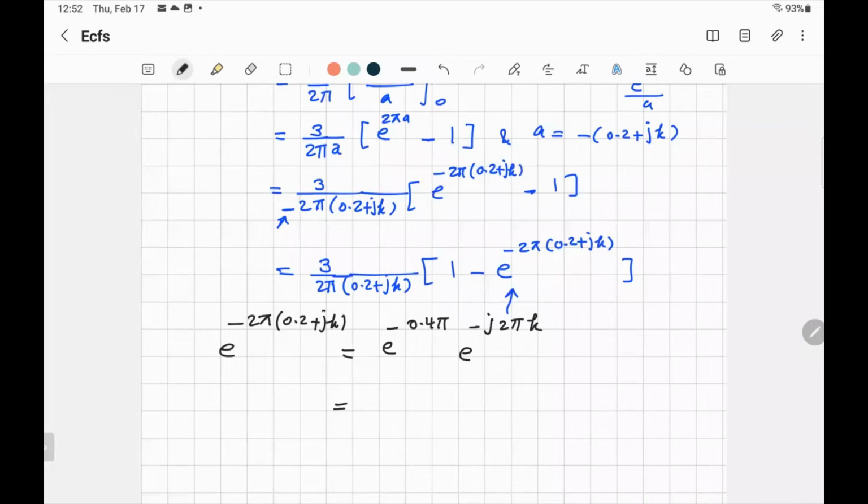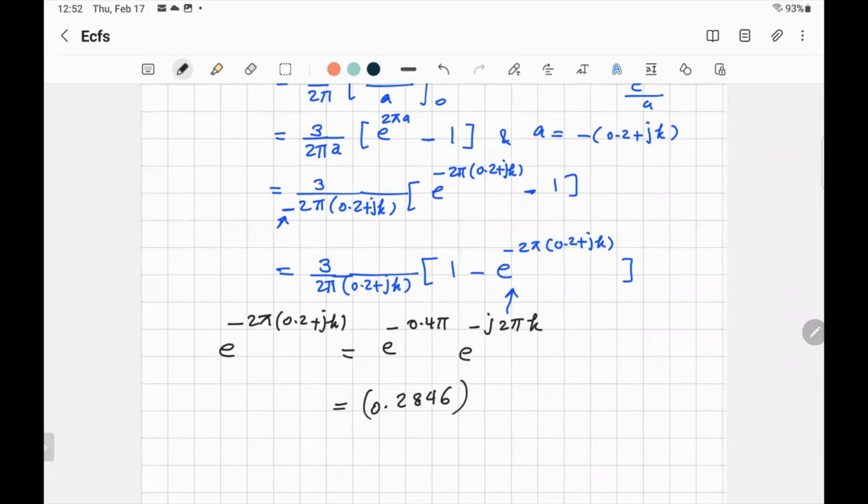Okay, I got 0.2846. That's a number. What about e to the power minus j 2 pi k?